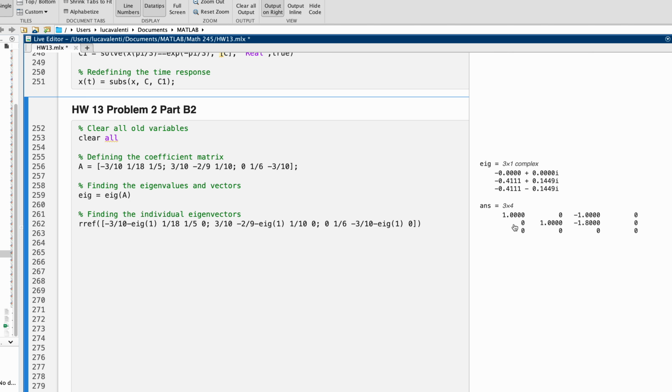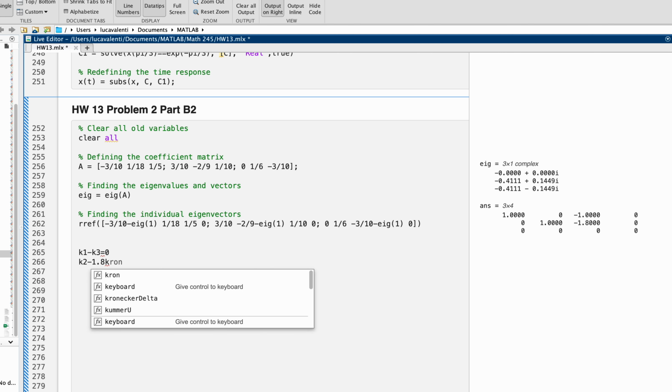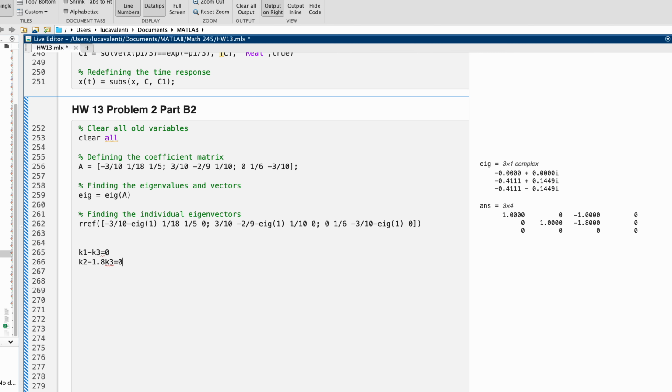So now this is the same thing as saying 1 times the first entry, we'll call it K1, minus, we don't have K2, K3 is minus K3, and all of that is equal to 0. And then we have K2 minus 1.8 K3 equals 0.